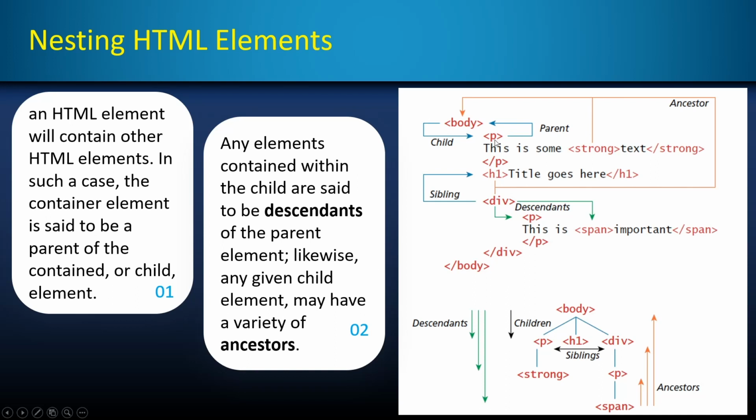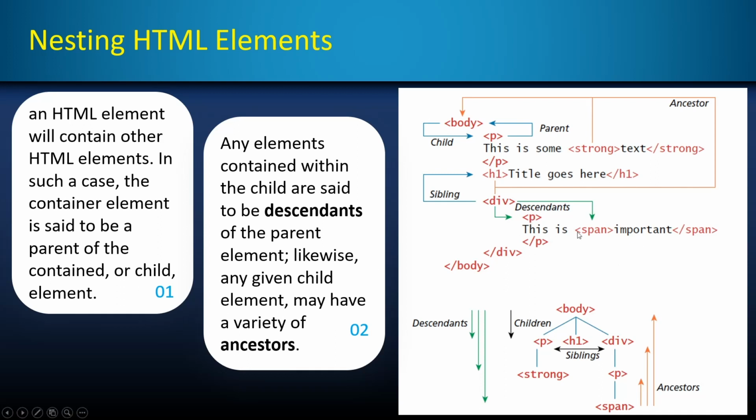Strong will be the child of p. For h1 we don't have any child. For div we have a child p, and for p again we have a child span. So the paragraph tag is for a paragraph, strong is for strong text, meaning bold text, h1 is for bigger headings, then division is for making a division in the page.